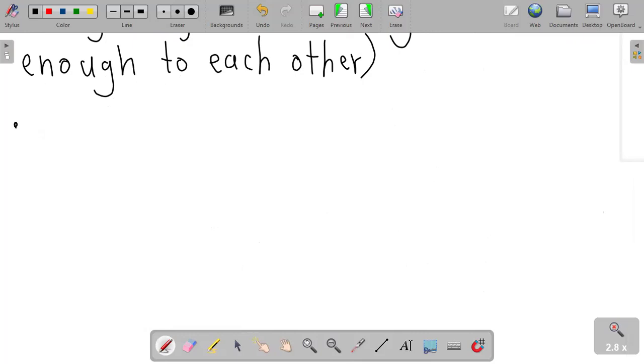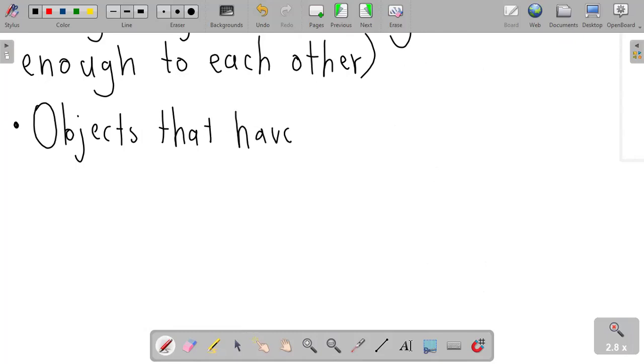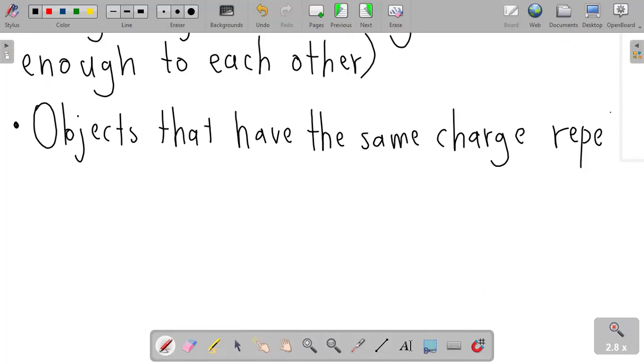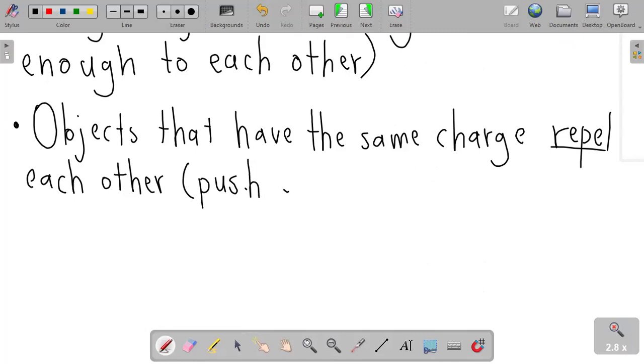There are two cases here. Objects that have the same charge repel each other. They push each other away.